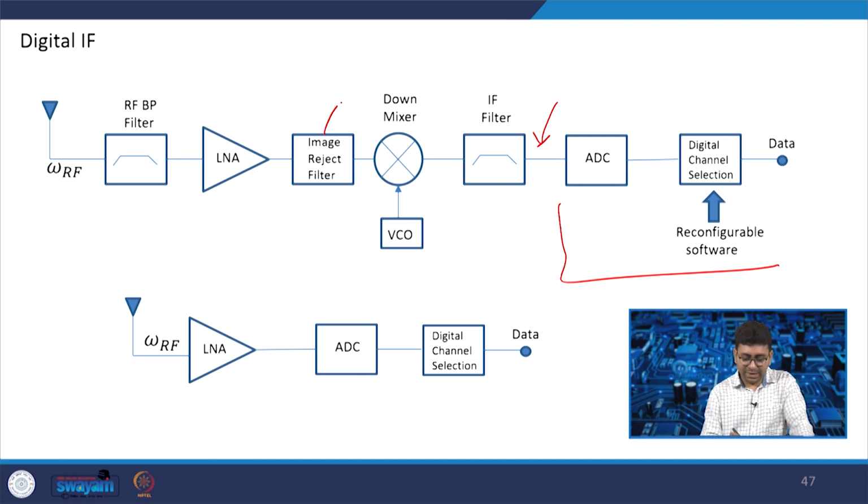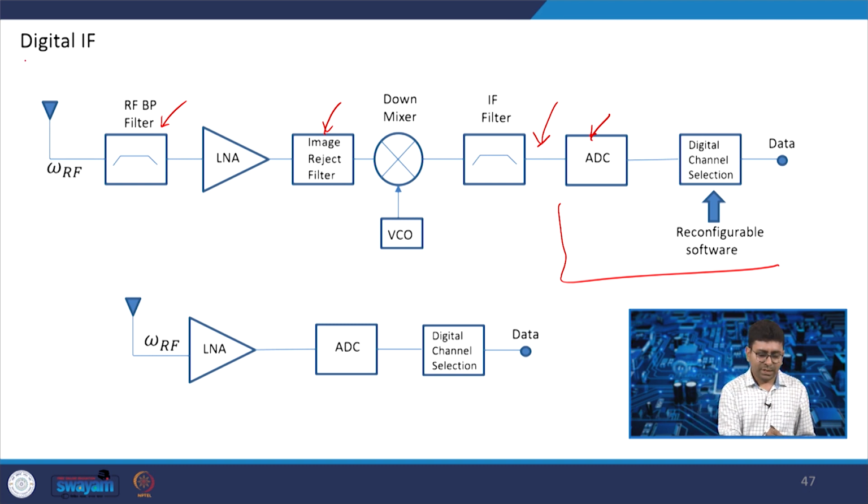You can easily do the image rejection and the band selection, and the entire band is converted to digital, and then in digital we select the channel instead of using a channel select filter. However, in this case you require an ADC with very high resolution and high dynamic range. It requires many bits, but there is flexibility in terms of reconfigurability. You can easily select the channel.